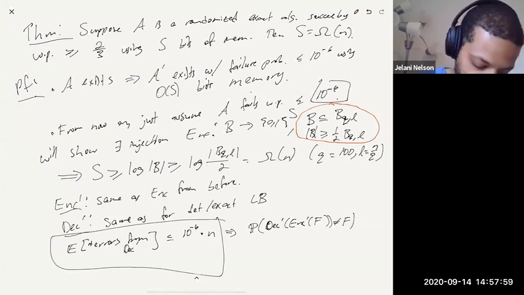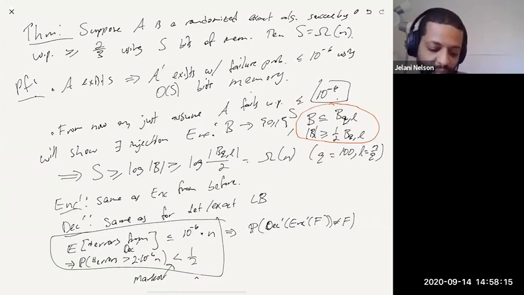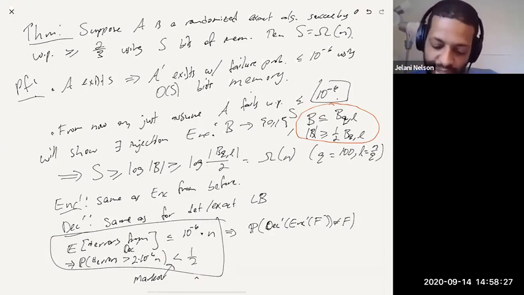The expected number of errors is that, which implies the probability that the number of errors is bigger than 2 times 10 to the minus 6 n is less than a half. This is by Markov. And if I have less than 2 times 10 to the minus 6 n errors, I can decode the error correcting code. That basically uniquely determines which elements of BQL I have. So I'm saying that the probability that the decoding of the encoding of F is not equal to F is less than a half.